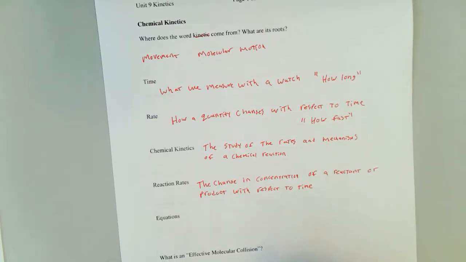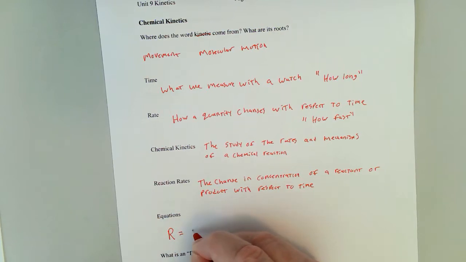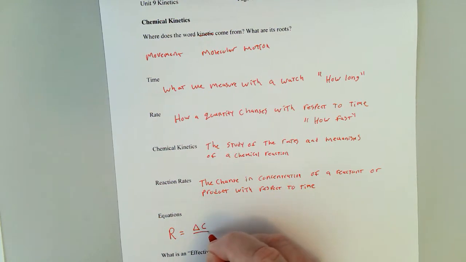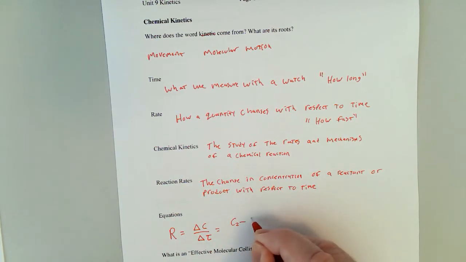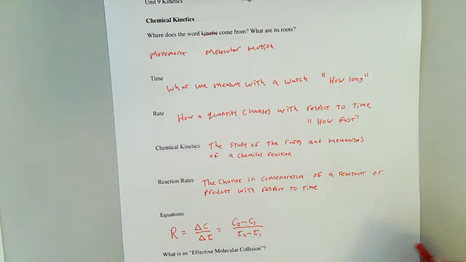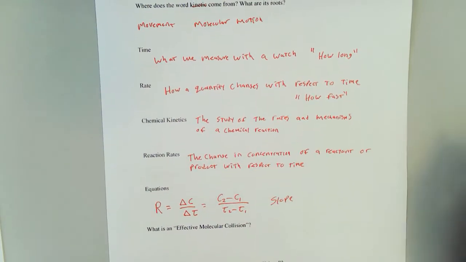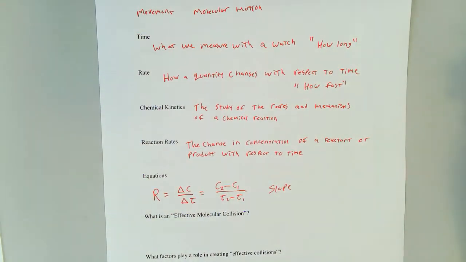And I think this is much easier to understand with the equation capital R equals delta C over delta T, which is like saying C2 minus C1 over T2 minus T1. It's a slope. We're going to deal with this graphically an awful lot.